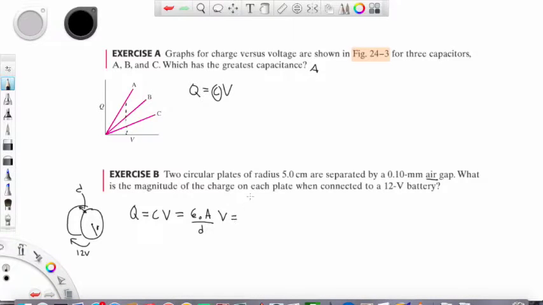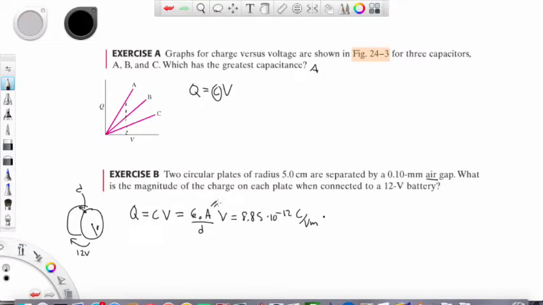So if we plug in the numbers, the permittivity of free space is 8.85 times 10 to the minus 12, and one of its units is coulombs per volt meter, times the area.